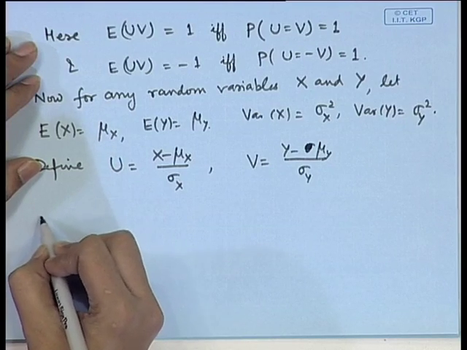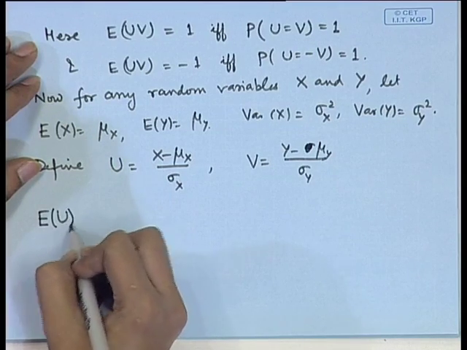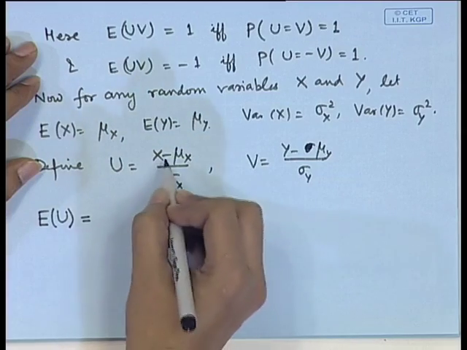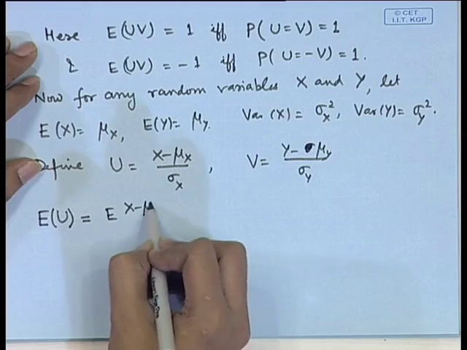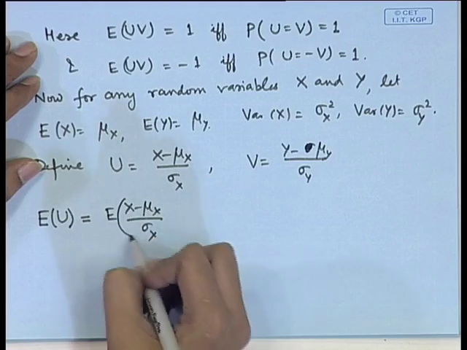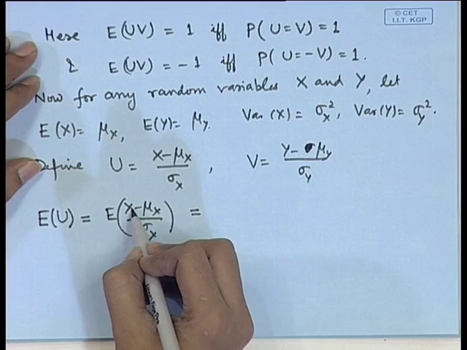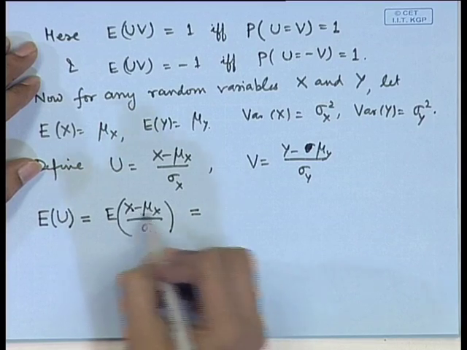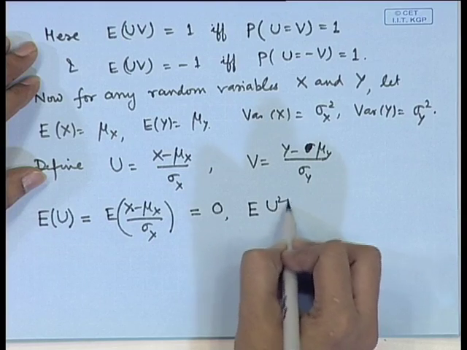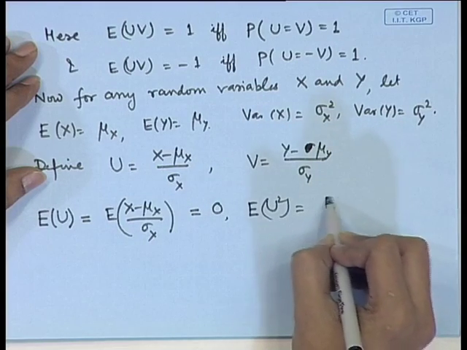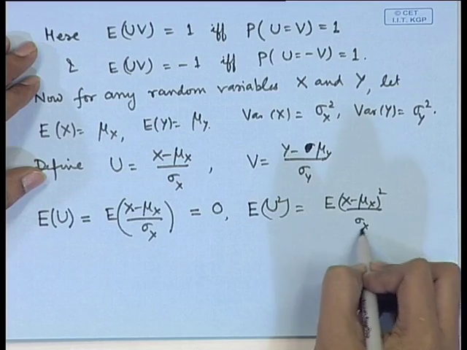So, if we take expectation of u, this is equal to expectation of (x minus mu x) by sigma x, and by the linearity property of expectation, it is (expectation x minus mu x) by sigma x, that is simply 0. If we consider expectation of u square, that is equal to expectation of (x minus mu x) square by sigma x square.